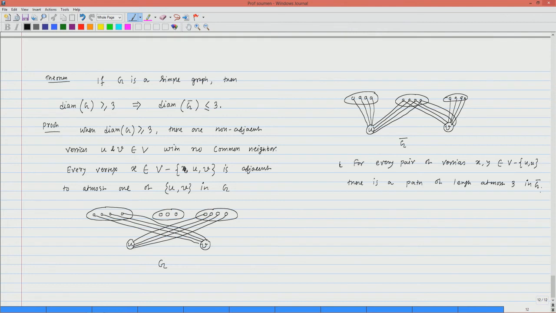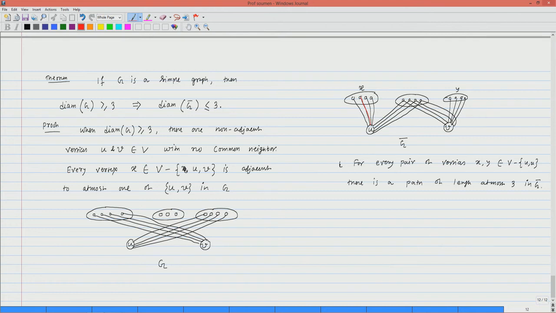So, if I take a vertex x here and y from this set, then I can see that there is a path from x to y of length 3, that is this is the path.